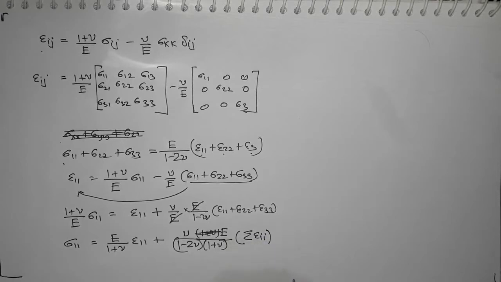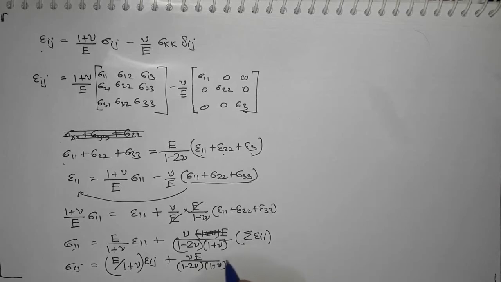Okay, so this is my expression for stresses if I have to calculate from strain. So let me write the generalized form. It will be sigma ij is equal to E divided by 1 plus mu epsilon ij plus mu into E divided by 1 minus 2 mu into 1 plus mu, and this becomes epsilon kk delta ij, right?